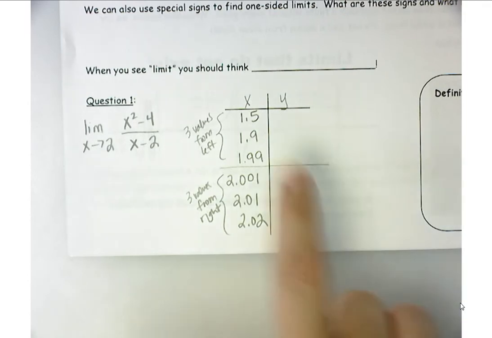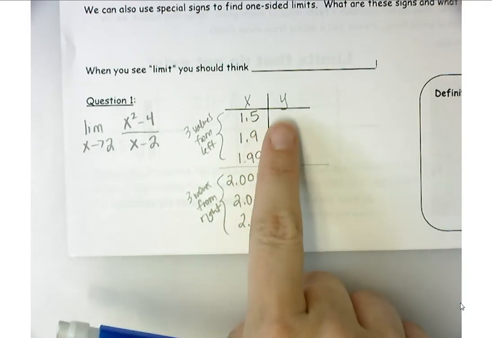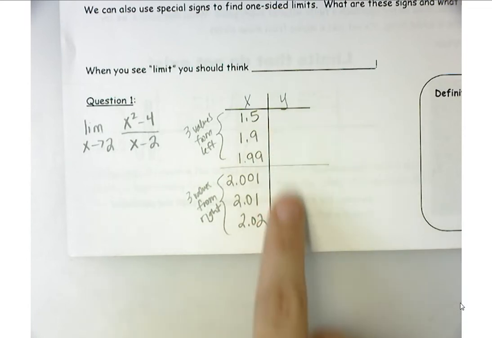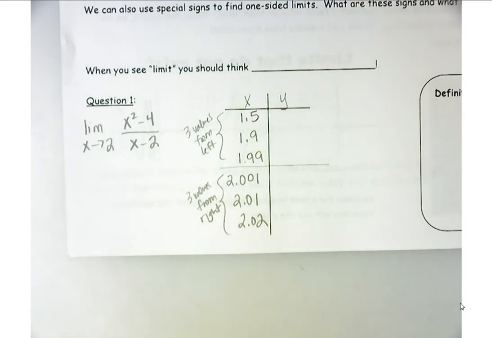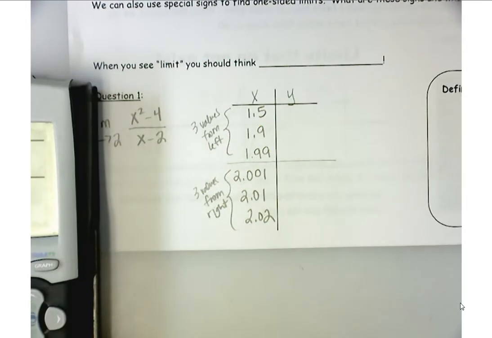Okay, so what I want you to do is use your table on your graphing calculator to figure out what your y values are. So go ahead and do that. Alright, so then we're going to do x squared minus 4 divided by x minus 2.